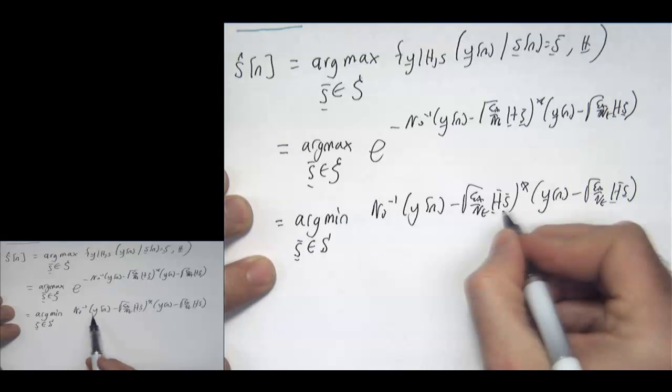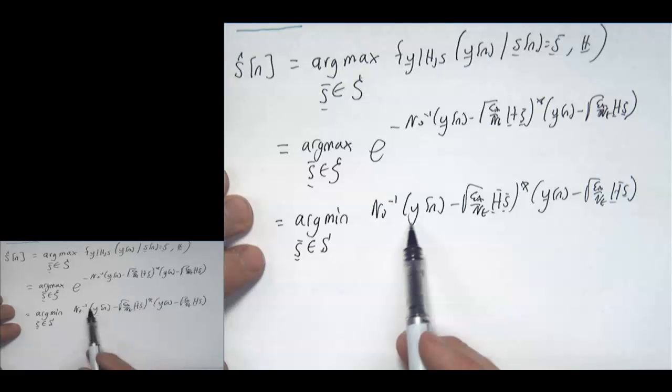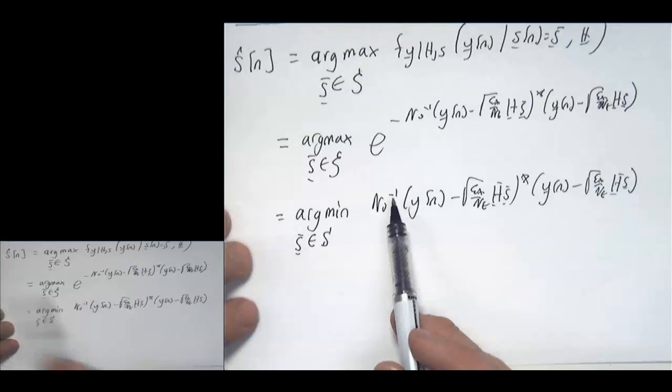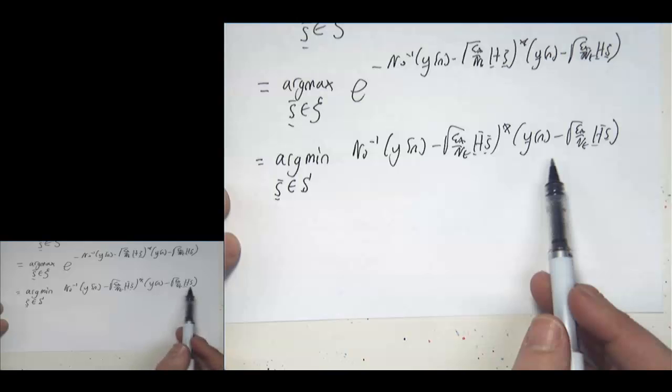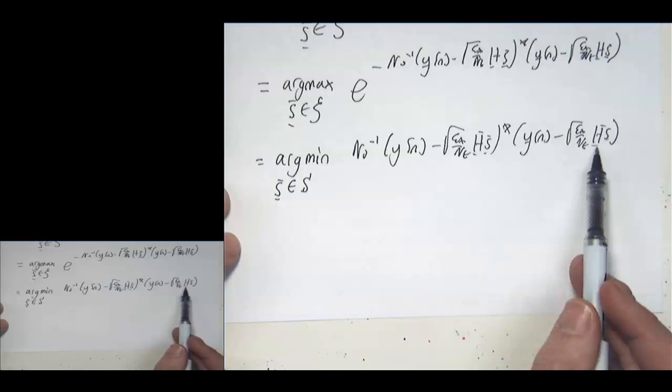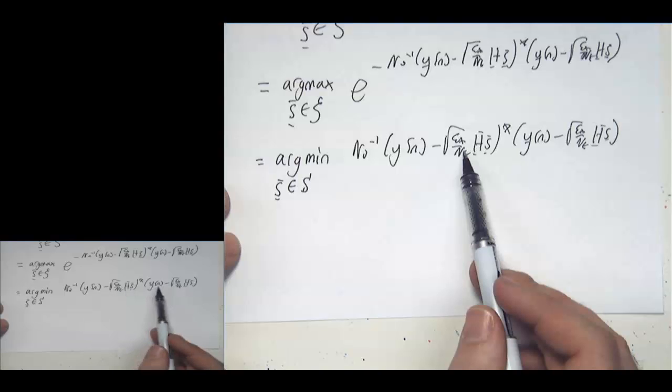So we're going to minimize this quantity here. Now the same logic as before, we can get rid of the n naught here. And then further, look right here. This is a vector times its conjugate transpose, which is just the norm squared of this vector.